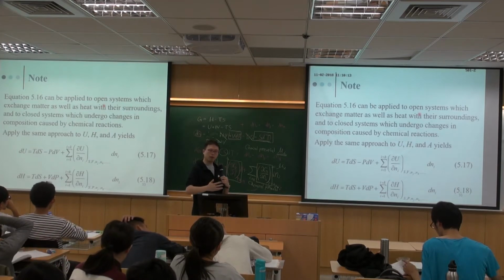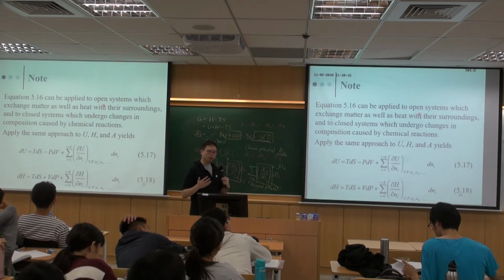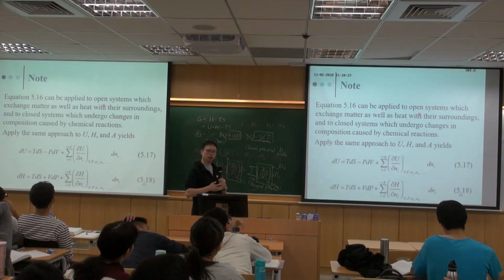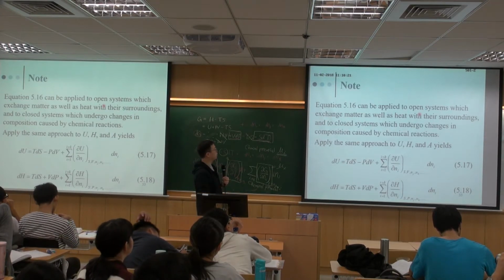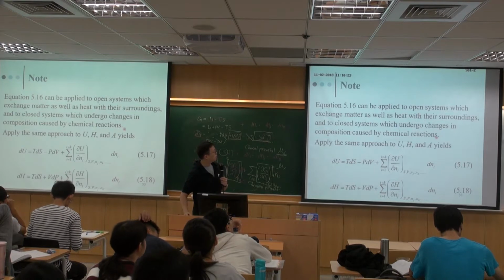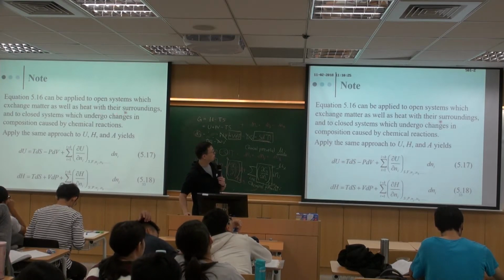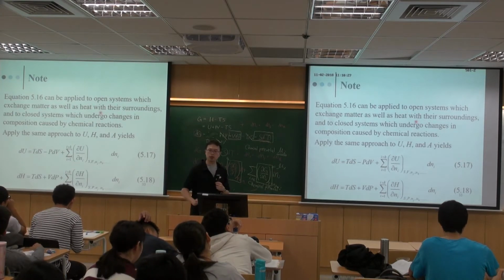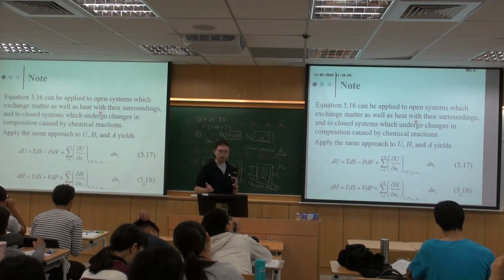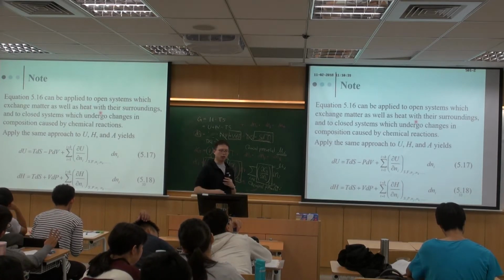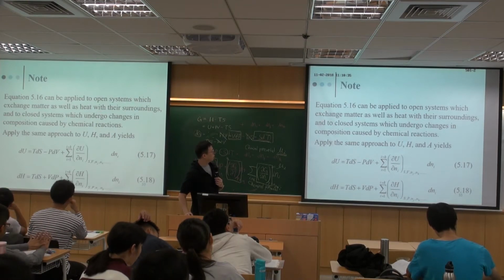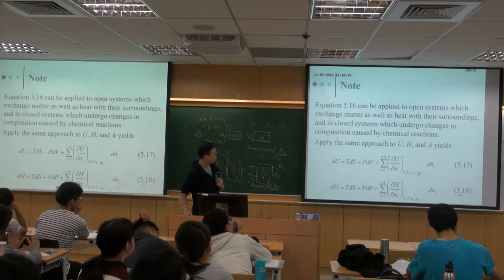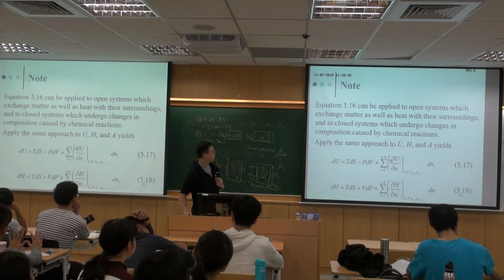So you can have an open system, which means that you can have matter exchange. The particles can come in and can leave the system as well, as well as heat with the surroundings. So basically, you can discuss an open system where you can exchange heat and also particles with the outside. And therefore, the composition change will also be taken into account.